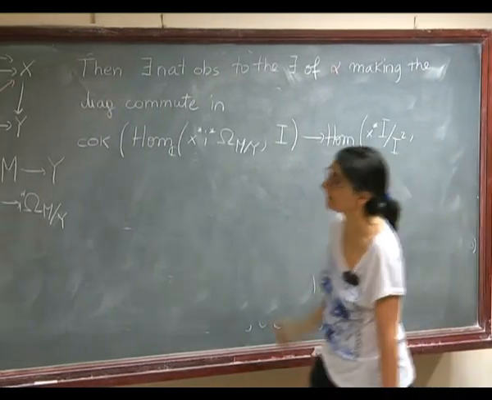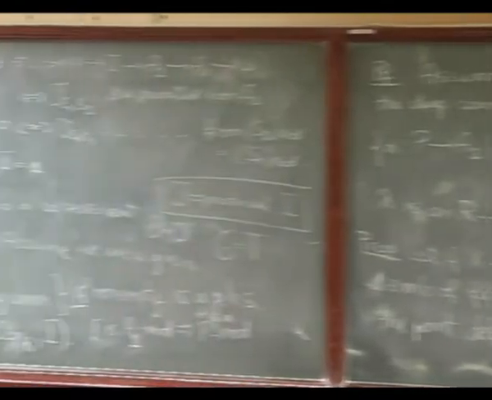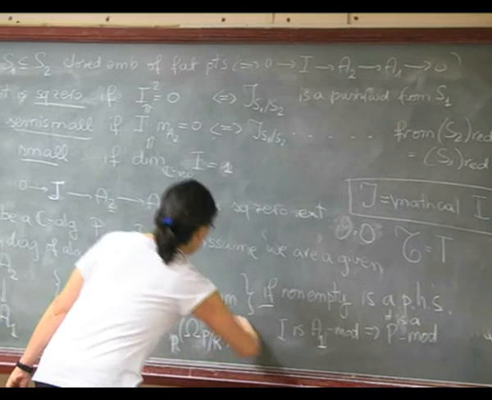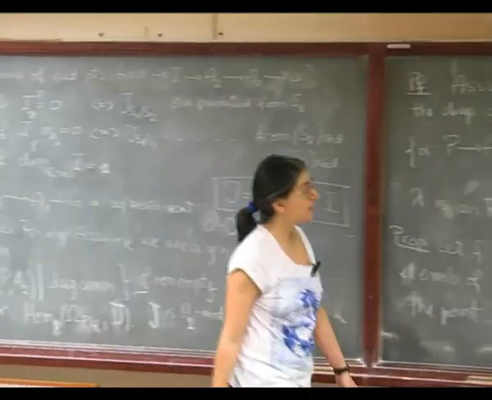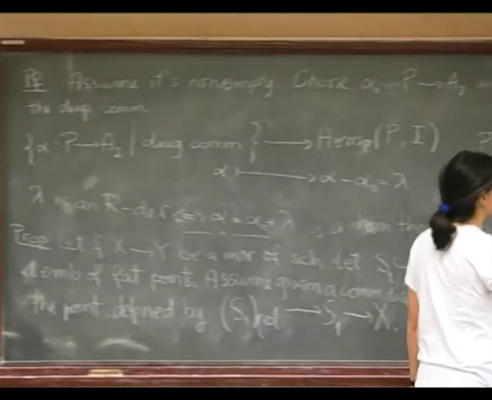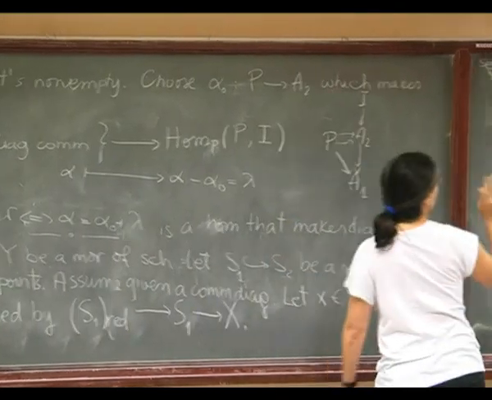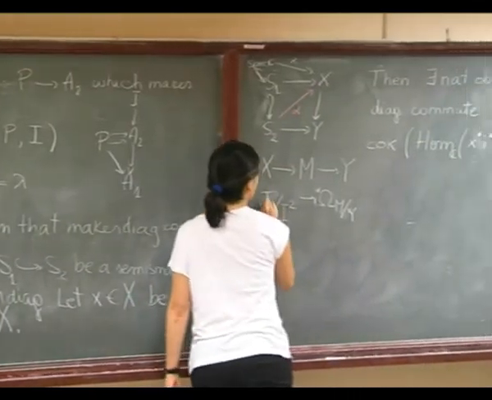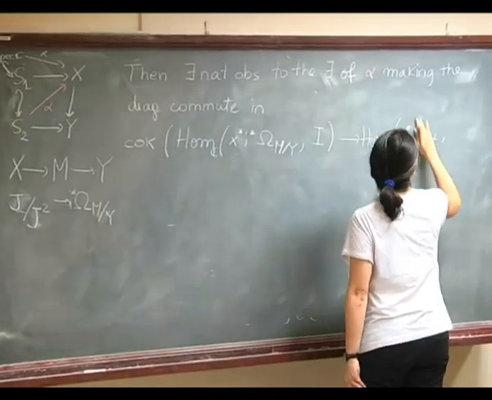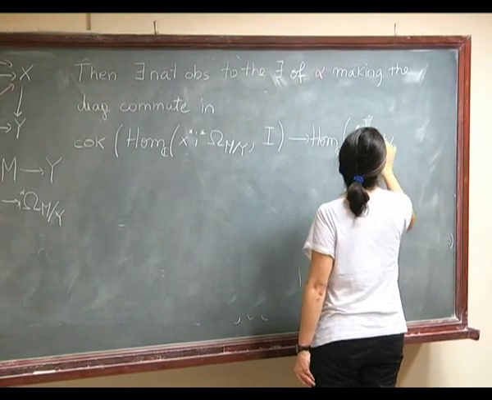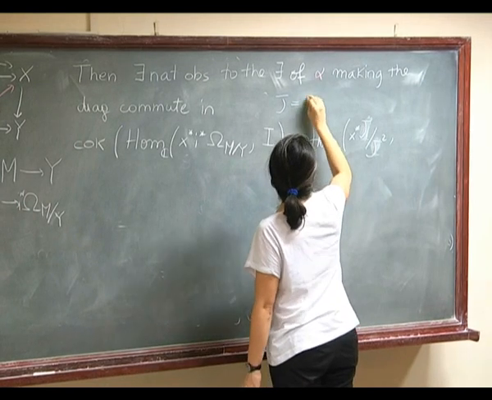Sorry, let me call this kernel J. Keep the one before as it was, and here J is the ideal sheaf.